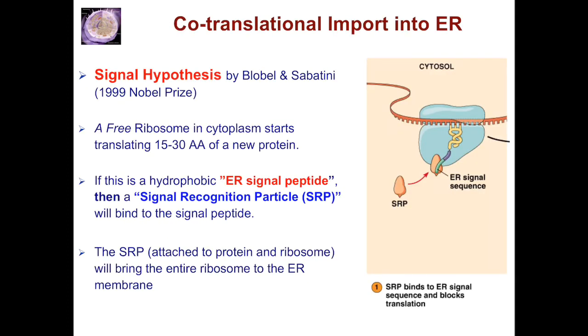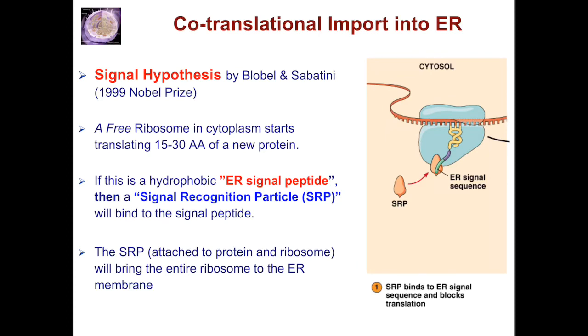So this idea of co-translational import was originally called the signal hypothesis by Blobel and Sabatini, who later won the Nobel Prize in 1999. So the idea is there's a free ribosome in the cytoplasm that starts to do translation and makes about 15 to 30 amino acids of this protein.